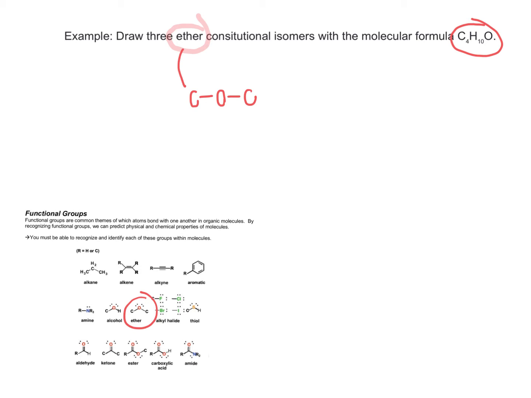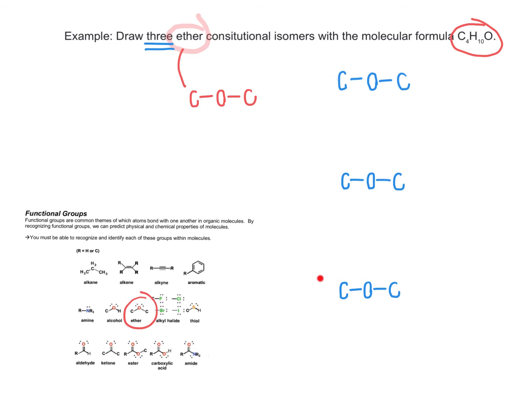Our molecule absolutely has to have carbon single bonded to oxygen that's single bonded to carbon, so COC. We're drawing 3 constitutional isomers in total. So to keep myself organized, I'm drawing 3 COC skeletons here, because that's what absolutely has to be present for these molecules to meet the definition of an ether.